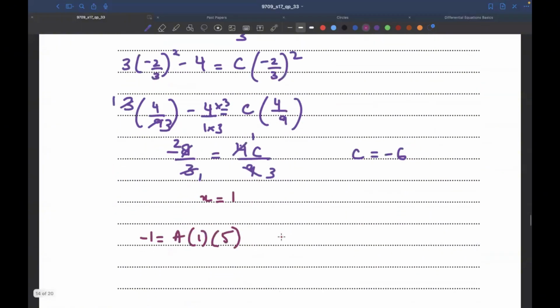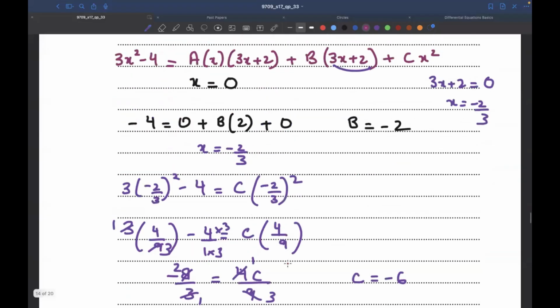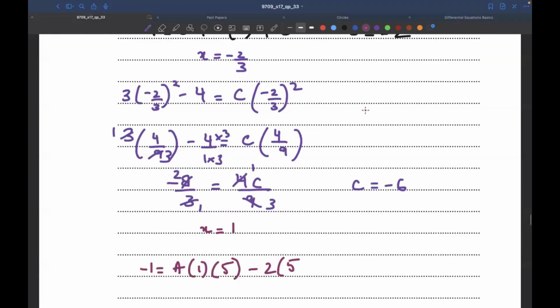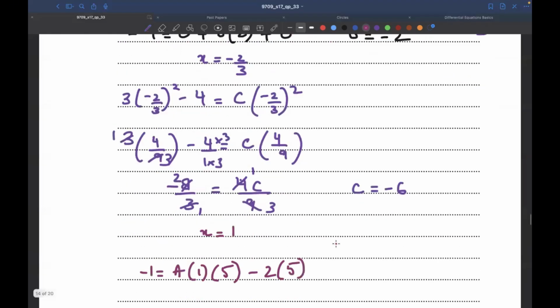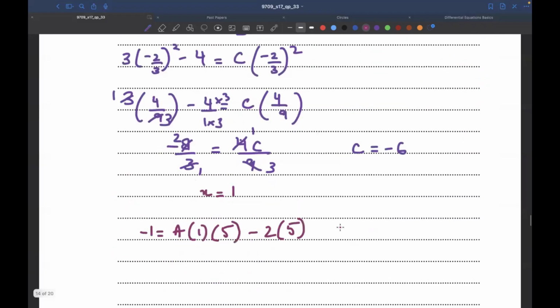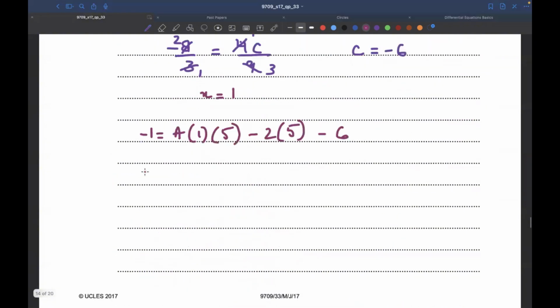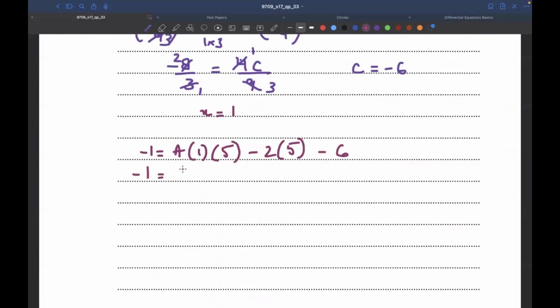So we can write minus 2 times (3 times 1 plus 2), that becomes 5 again, plus cx squared. So cx squared will become minus c, which is 6, minus 6, and x squared, which is 1 squared, that will be 1. So we'll get minus 1 equals 5a minus 10 minus 16.